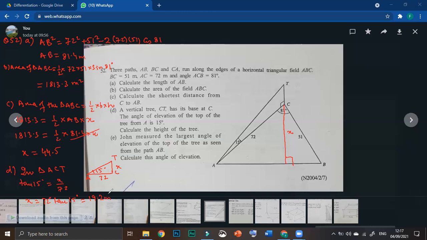Now part E. John measured the largest angle of elevation of the top of the tree as seen from AB. This one is the path AB. We want to calculate the maximum angle of elevation of the top of the tree. What is the method to find the maximum angle of elevation?